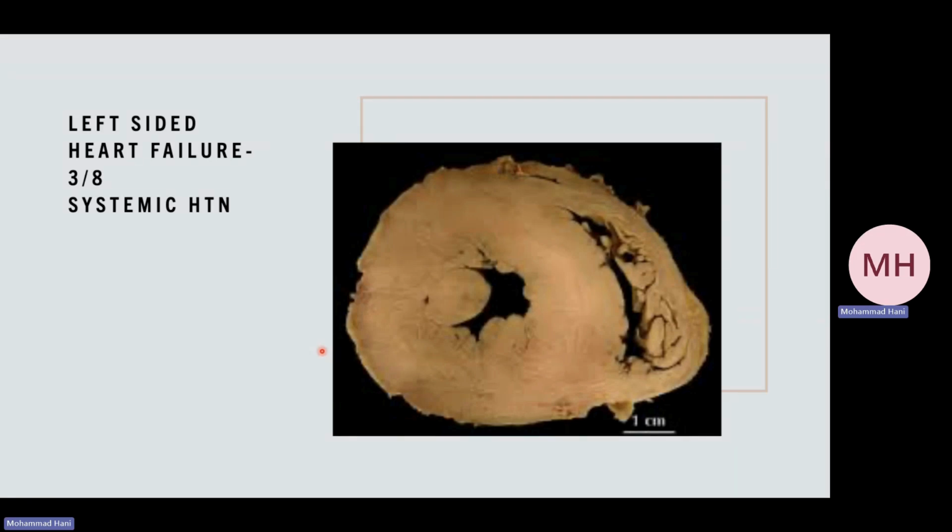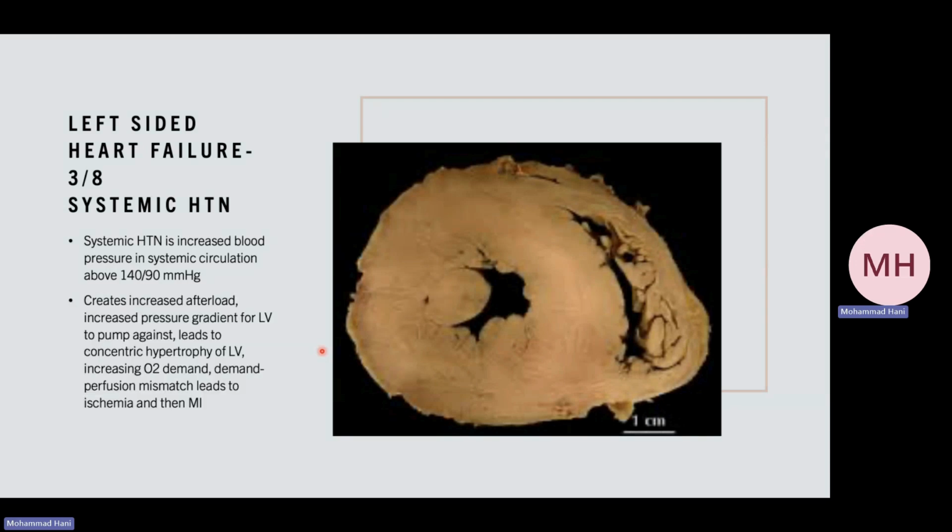Moving on to systemic hypertension. In systemic hypertension, first of all, it's characterized as an increase in blood pressure in the systemic circulation above 140 by 90 millimeters of mercury. So increased blood pressure increases the afterload, and the afterload is basically the pressure against which the left ventricle has to pump.